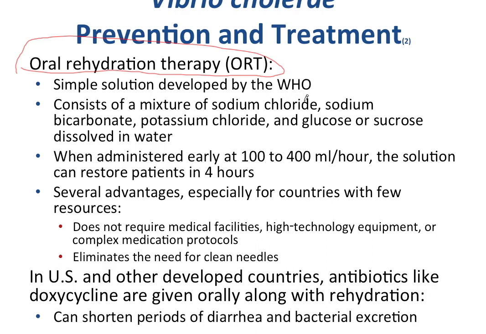This therapy contains a mixture of sodium chloride, sodium bicarbonate, potassium chloride, glucose, and sucrose. If a patient drinks this fluid, the patient can get 100 to 200 milliliters of water per hour.